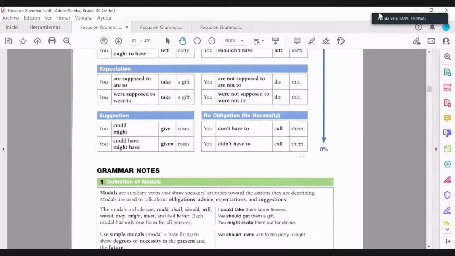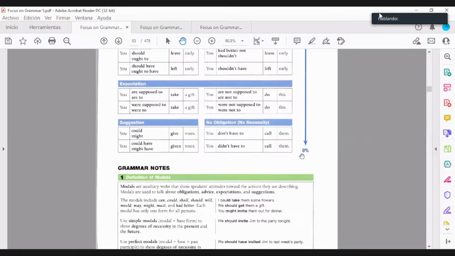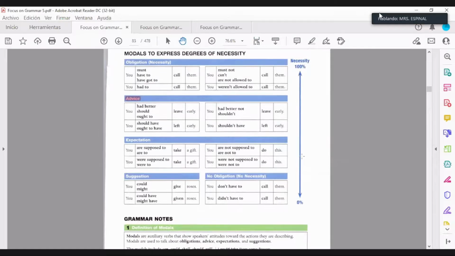Okay? So your work right now is the following. You are going to write examples with obligation, only 2 examples, okay? You decide if you use must, have to, or have got to. 2 examples for advice with the ones you have here. 2 examples of expectation and 2 for suggestions, okay?